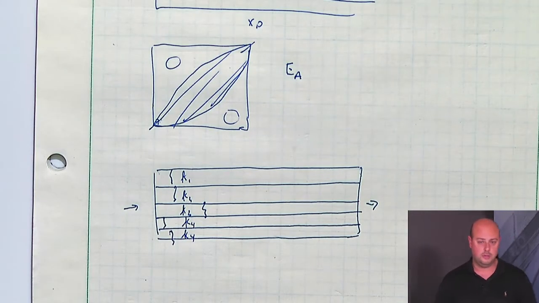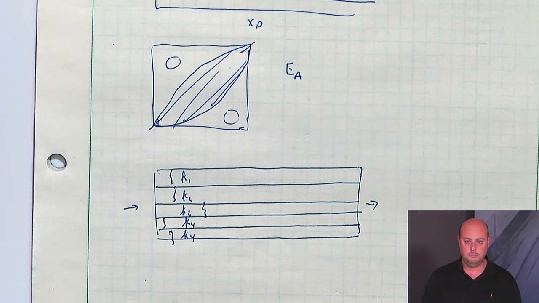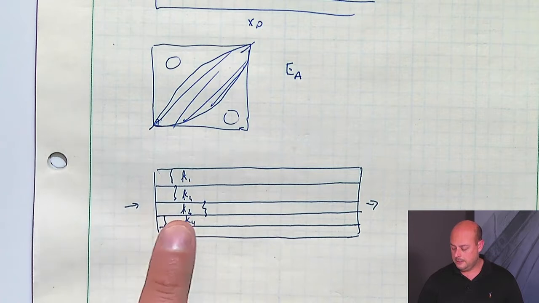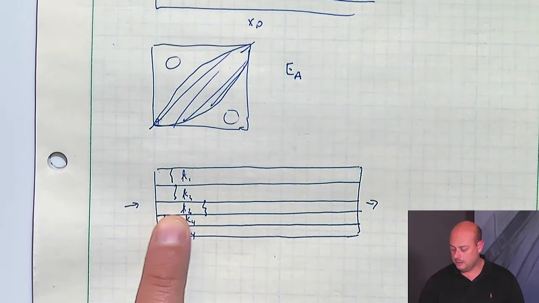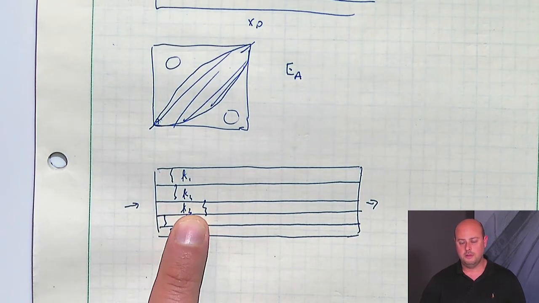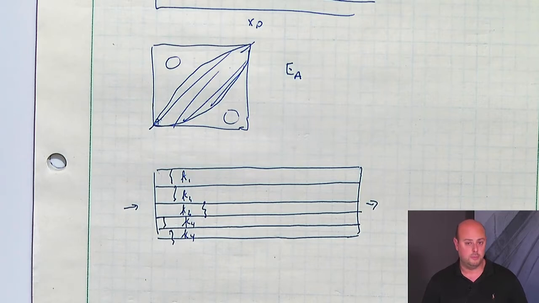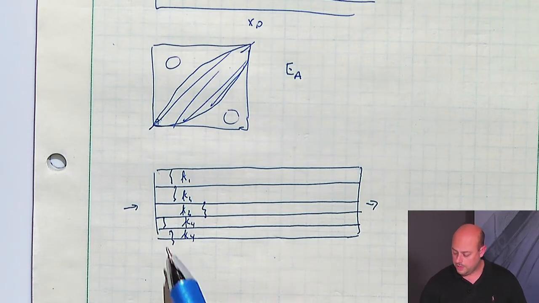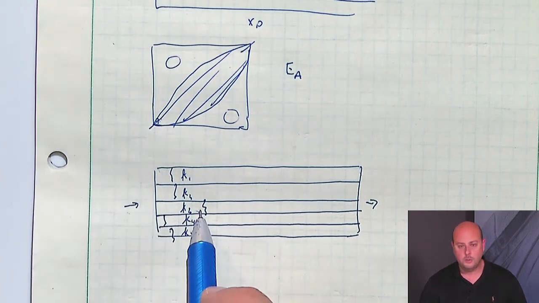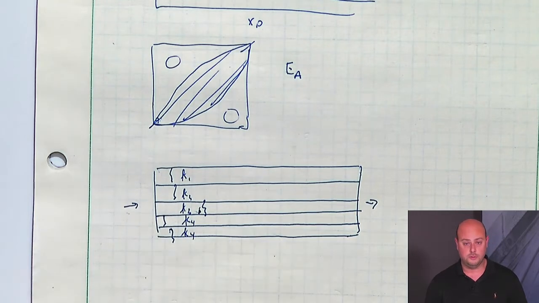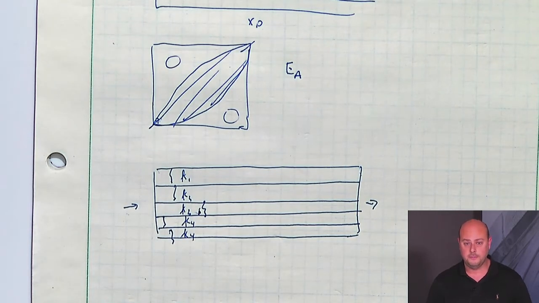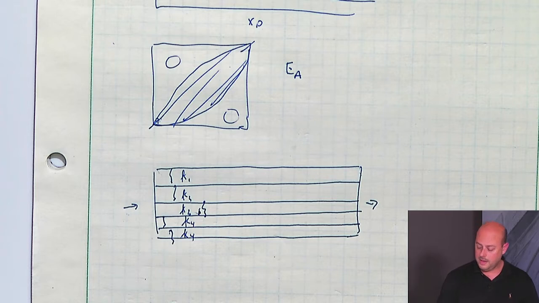And we know Darcy's law says that velocity is proportional to pressure gradient. But if you've got a higher permeability here, that velocity is going to be higher for the same pressure gradient. So that water is going to want to go into the path of least resistance, or the path that has the highest permeability.